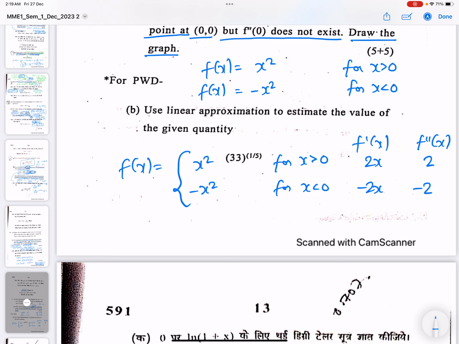So if the second derivative is negative throughout, the function is concave, and when f double dash x is positive throughout, we know the function is convex.